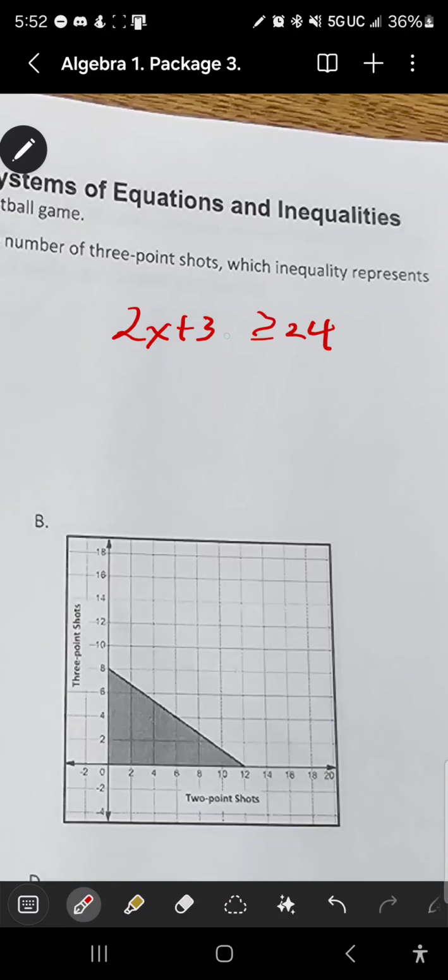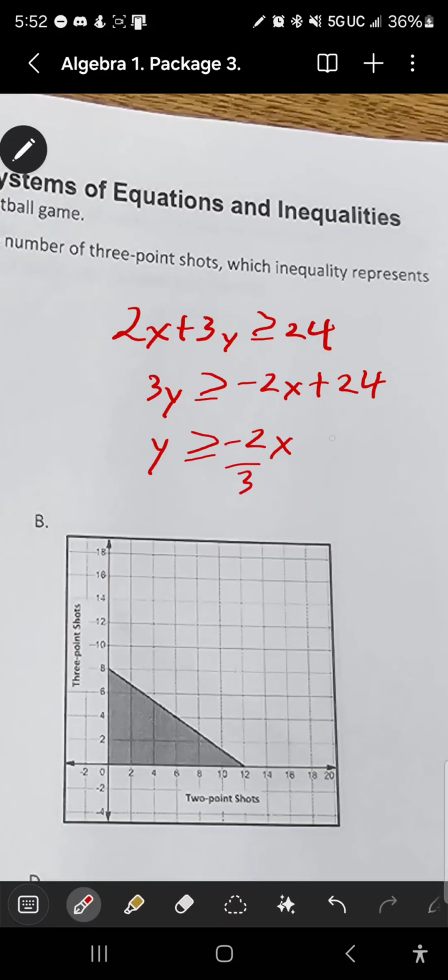So I'm going to subtract 2x from both sides. I get 3y greater than or equal to negative 2x plus 24. And I'm going to divide by 3 on both sides. So I get y greater than or equal to negative 2x over 3, and then 24 divided by 3 is 8, so plus 8.